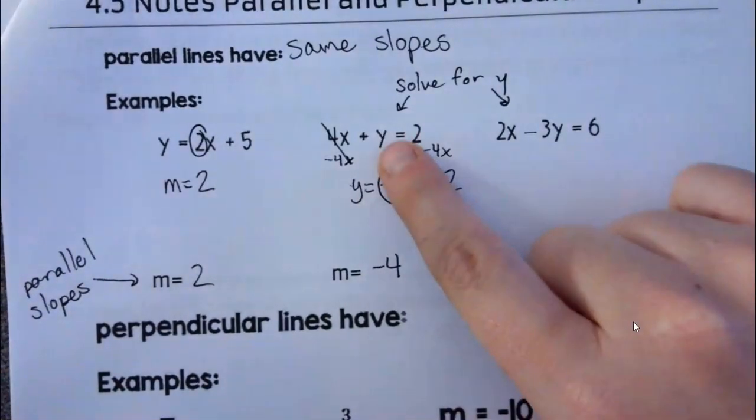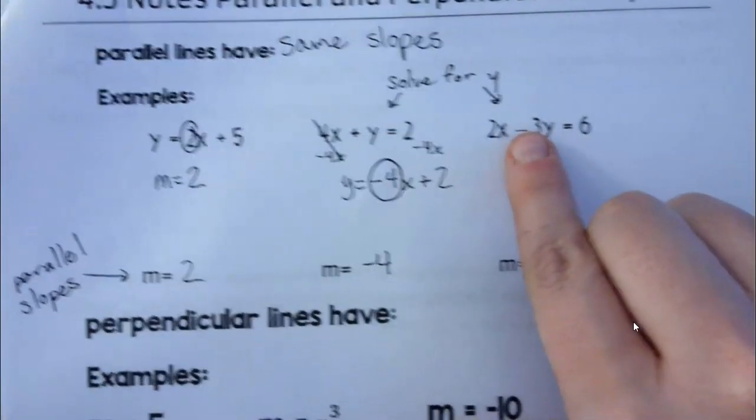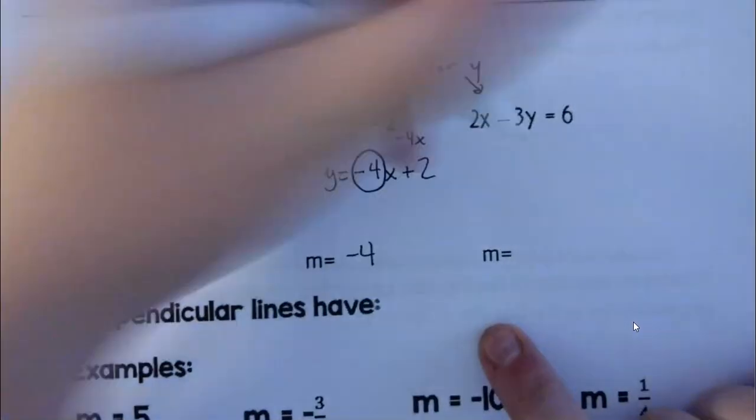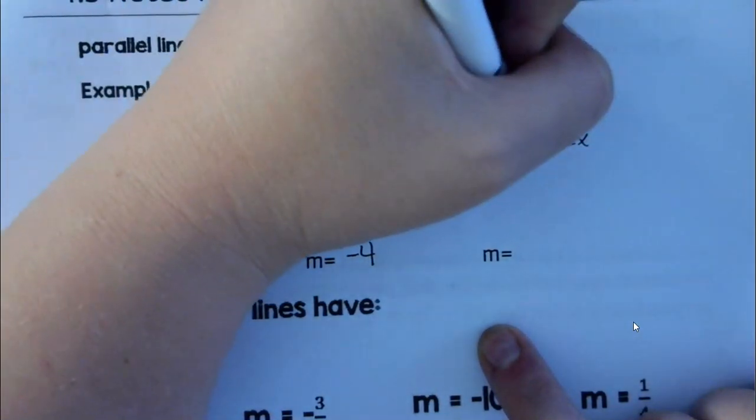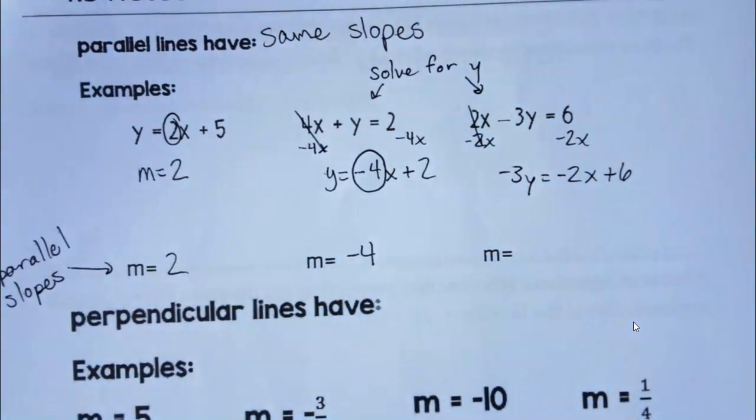All right, this one was pretty easy because y was all by itself. This one's a little more involved because y is next to a -3. But we're going to do the same thing. We're going to subtract 2x on both sides. -3y equals -2x plus 6. I'll give you guys a second to write that down. We're going to do this process lots and lots of times today, so you'll get lots of practice.